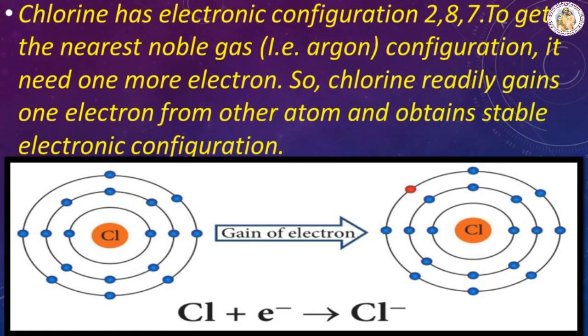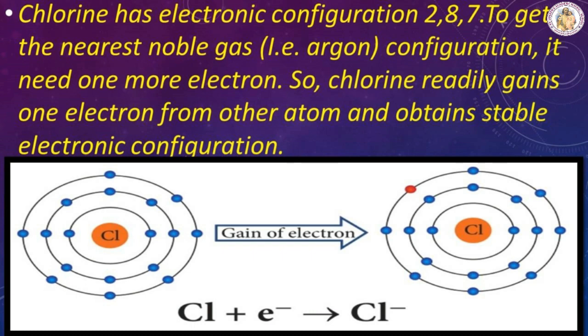Chlorine has electronic configuration 2, 8, 7. Its atomic number is 17. To get the nearest noble gas, for example argon configuration, it needs one more electron. So, chlorine readily gains one electron from another atom and obtains stable electronic configuration.